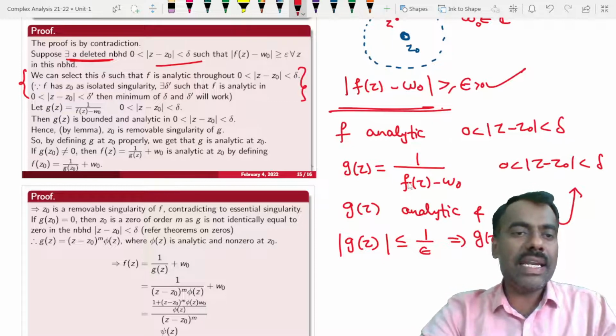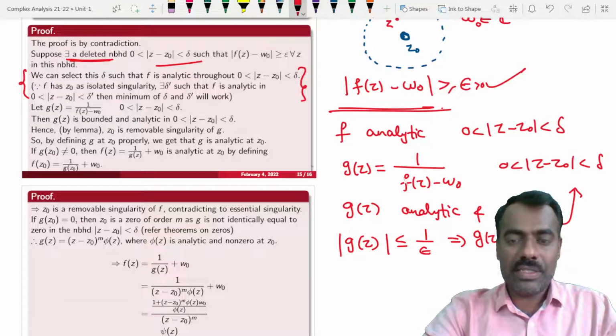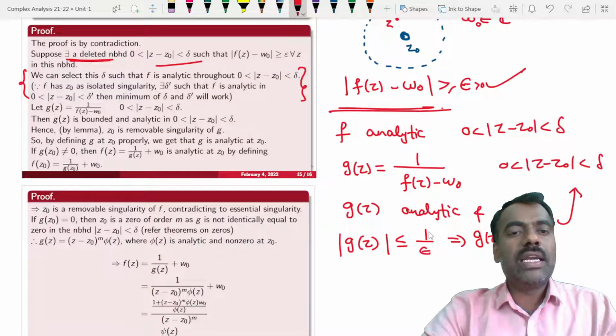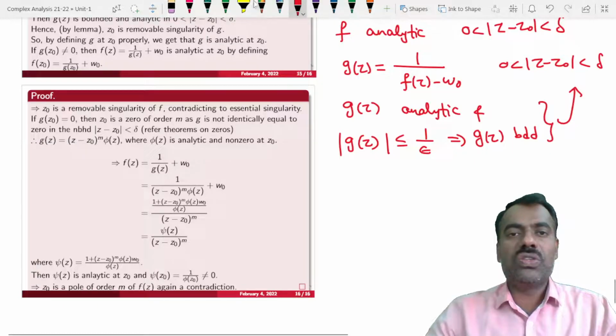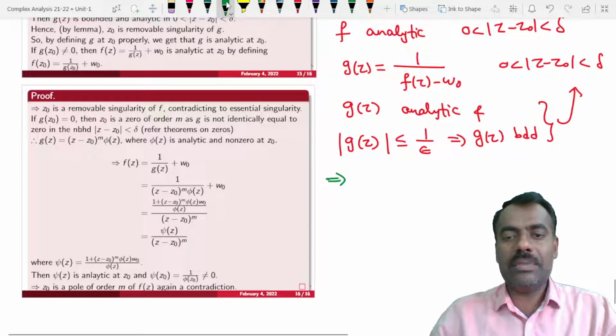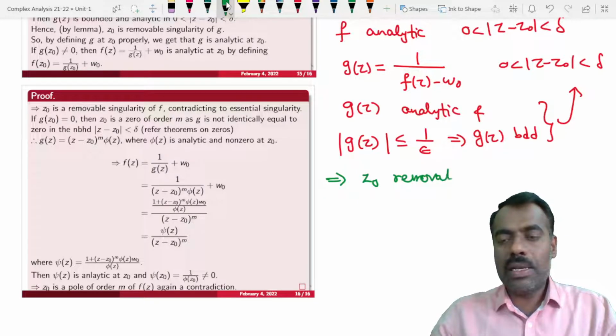So clearly z naught is a singular point for g also. Therefore it will become a removable singularity for this new function g. So by the previous lemma, z naught is a removable singularity for the function g of z.